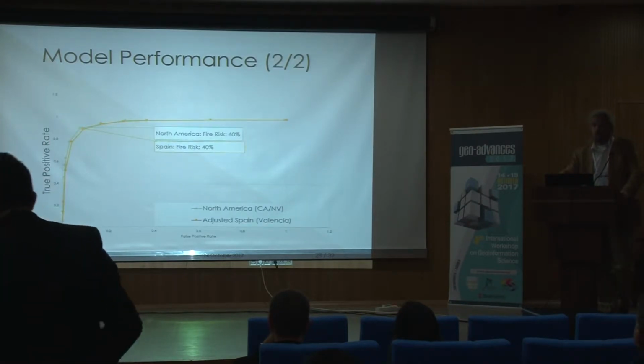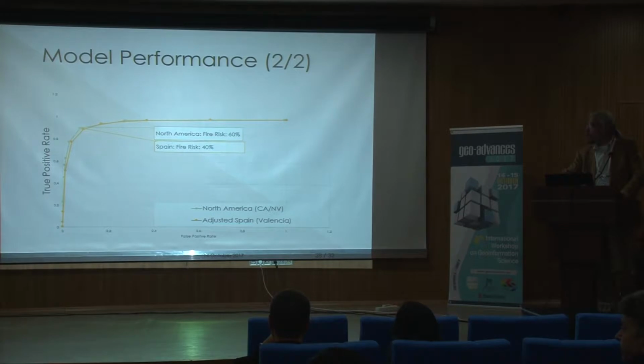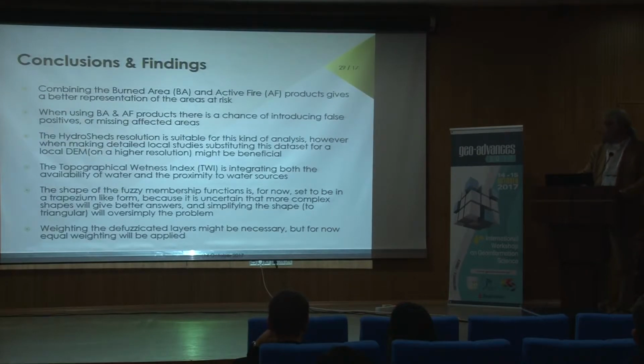I did an area under the curve study here, and in the performance of the two models, North America is more prone. So the comparison turned out that North America is heavier on fire risk. So the final conclusion is that more study is needed.